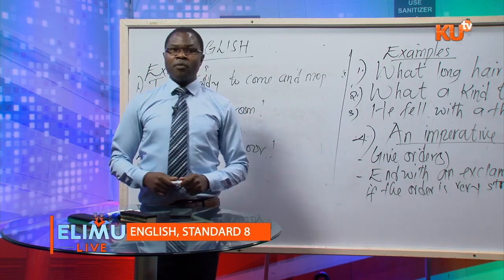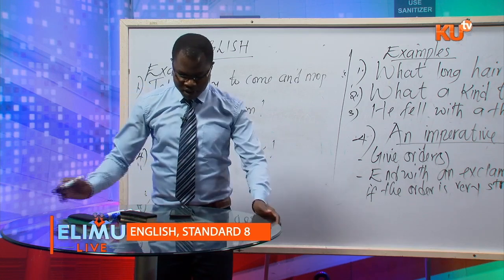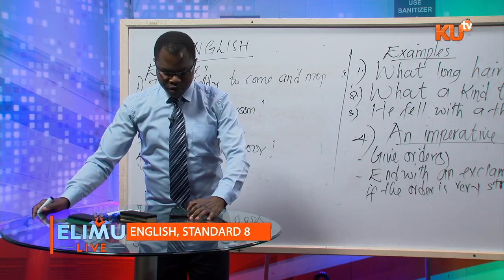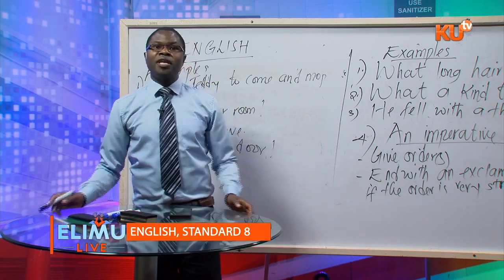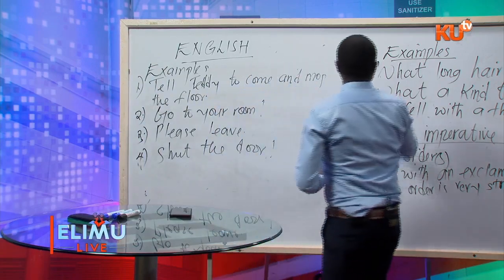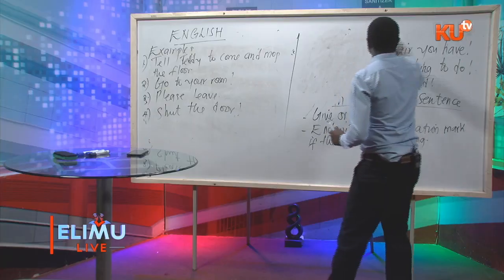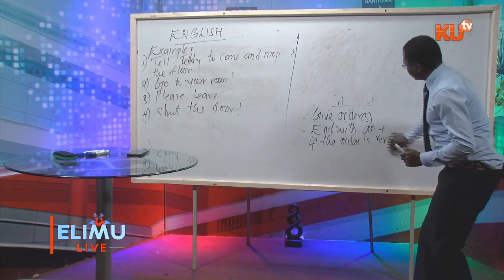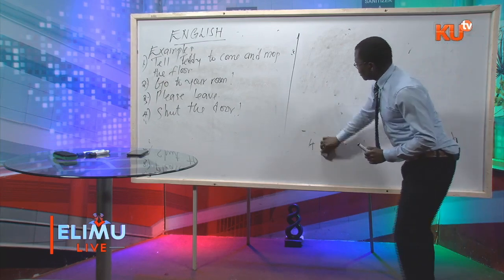So having said that, I want us to move to the next level. I want us to look at what we call verbs with objects in relation to sentences. Verbs with objects. I want us to look at verbs with objects, and then I will tell you what they mean.